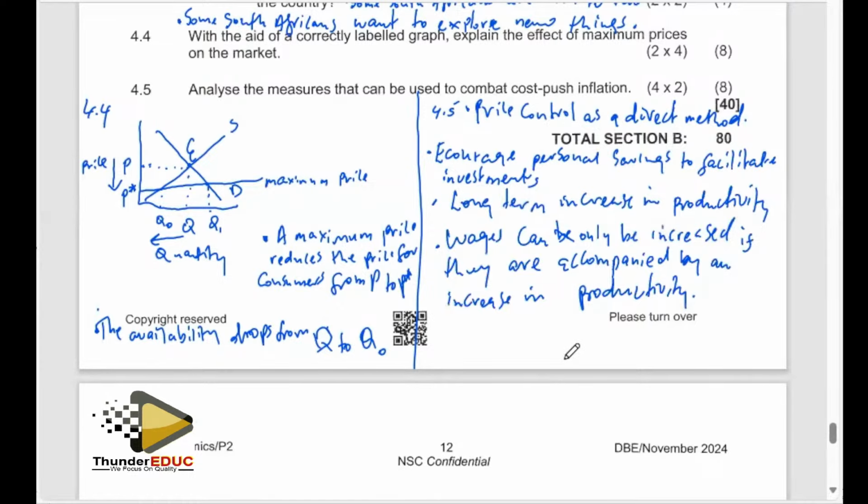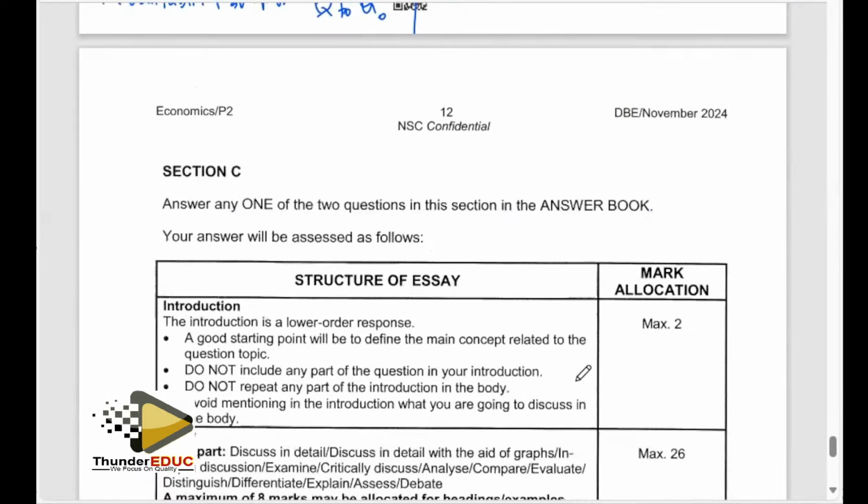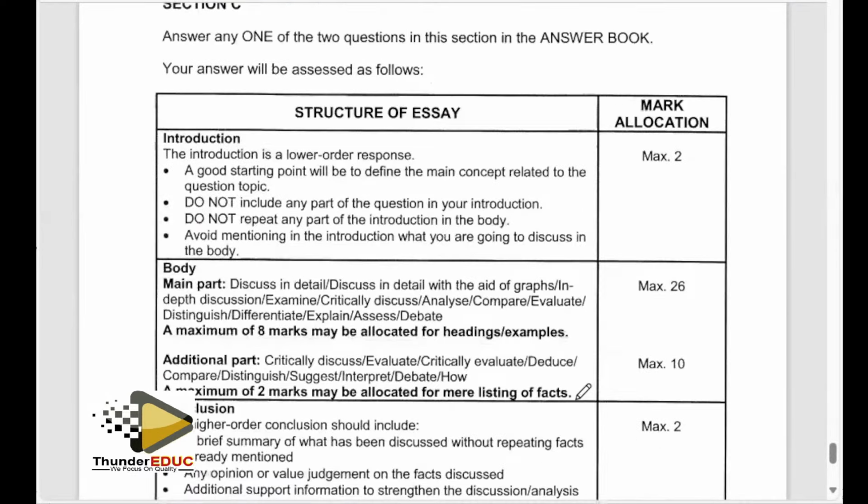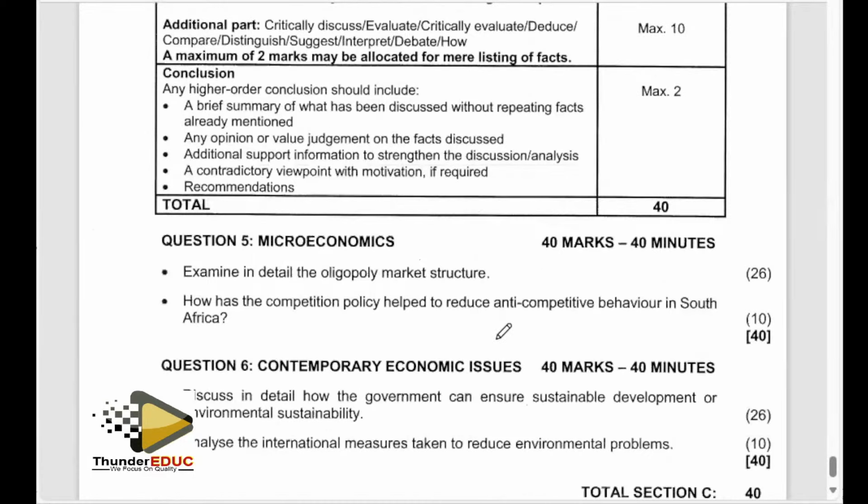Okay, right. So now let's move on to section C. So now section C reads as follows. So now in particular, we are going to check question 5. So now remember, creators, whenever you are faced with this particular type of question, you already know that this 6 marks question is your main body.